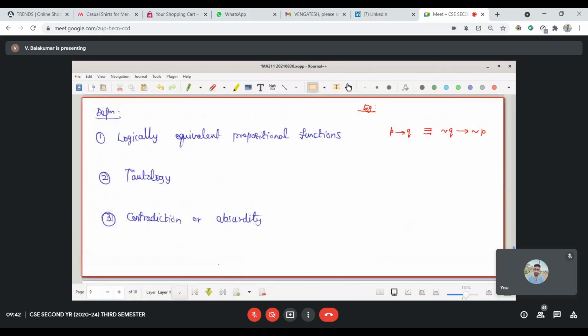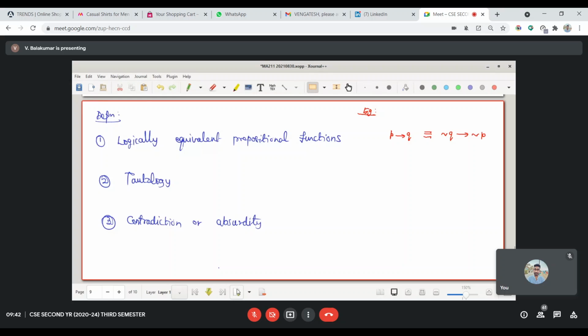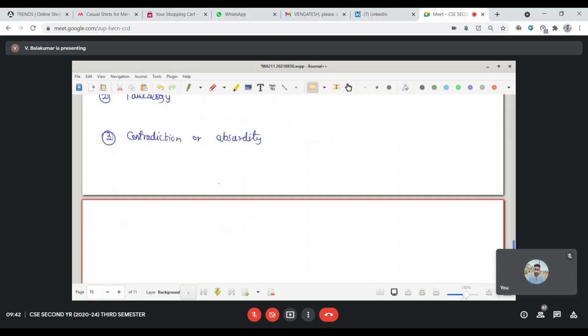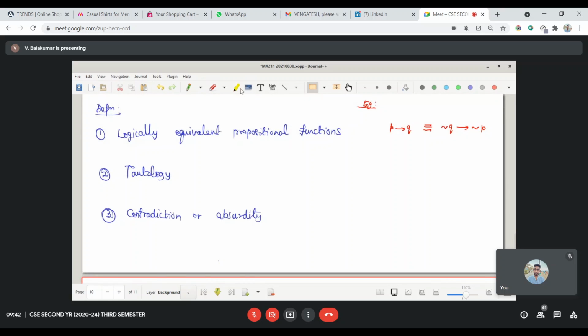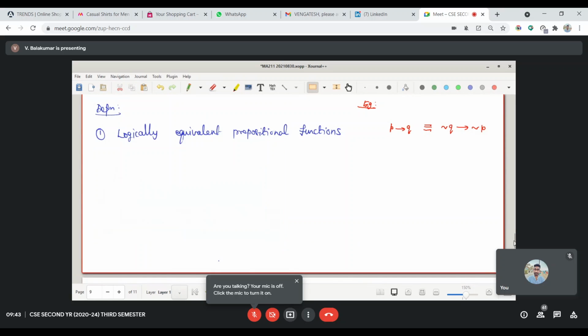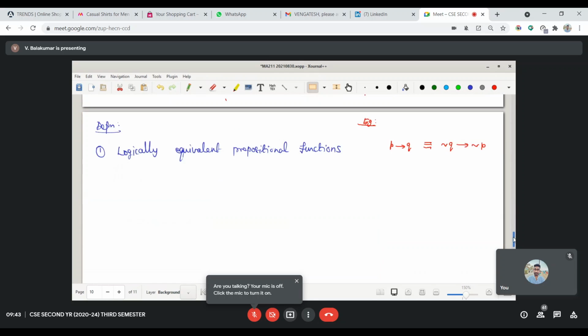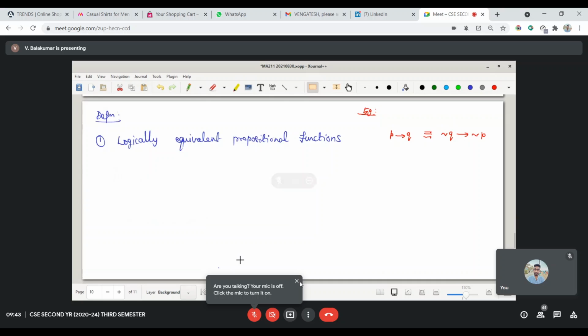Some equivalence is written already. That's okay. First, let me check. In that place, we shall keep these things in the next page. Later. Now we want to check this. Is this happening? How do I check? I have to check by truth tables.